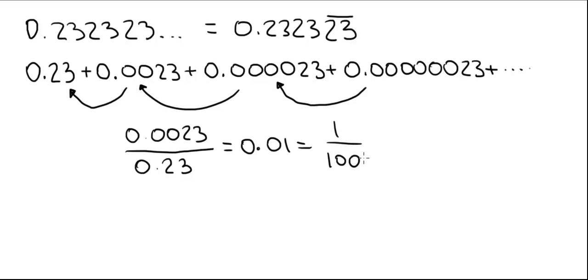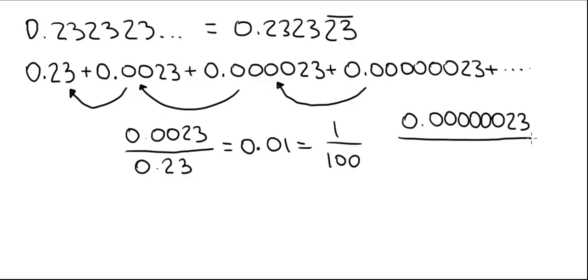And also we take, let's say, 0.00000023 and divide it by the term before it, which is 0.0023. We also get 1 over 100. So this is a geometric series with common ratio of 1 over 100.